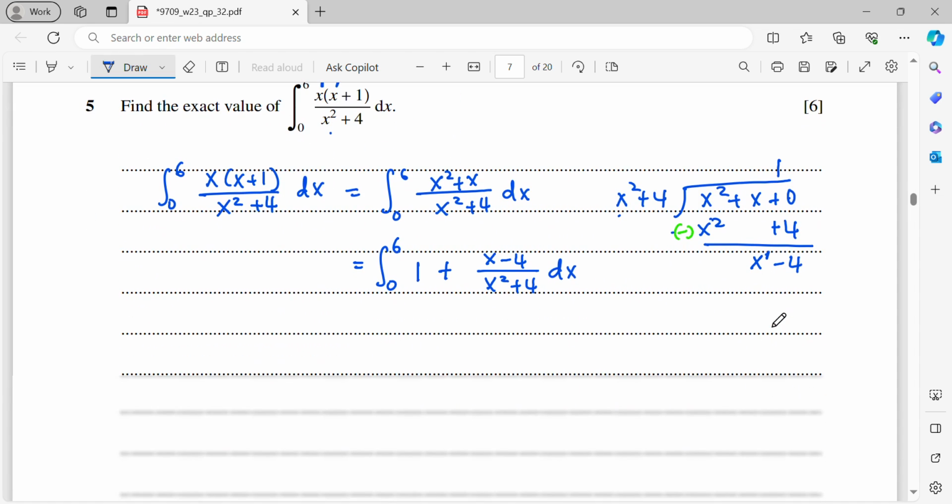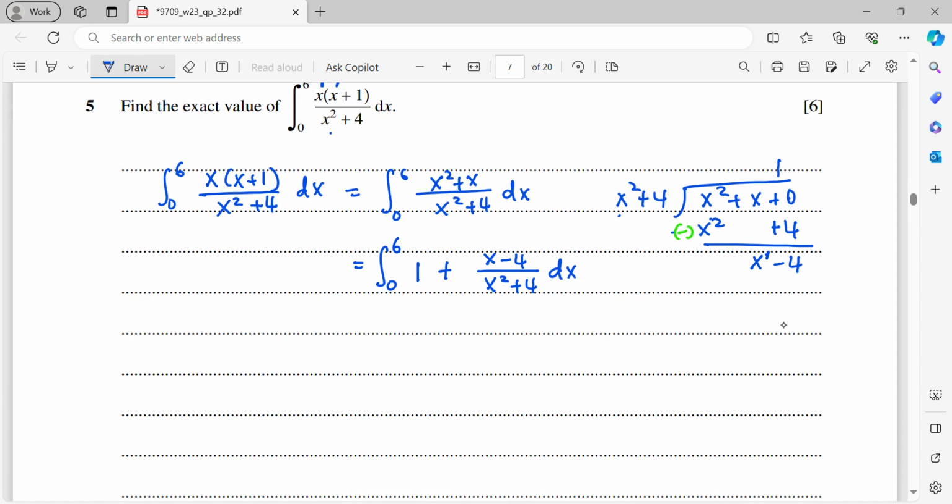Now the next step is going to be splitting the x minus 4 over x squared plus 4. I will split it into two functions. That means it's going to be the integral from 0 to 6 of 1 dx, plus the integral of x over x squared plus 4 dx, then minus 4 times the integral of 1 over x squared plus 4 dx.